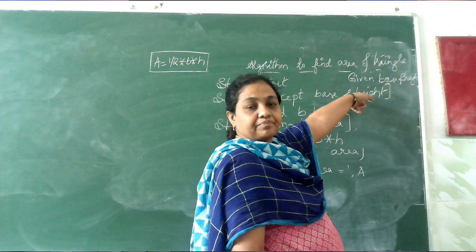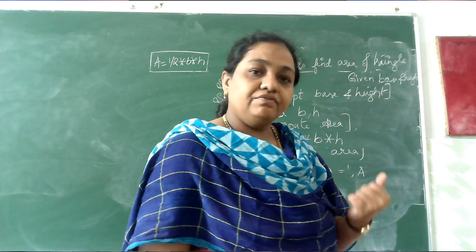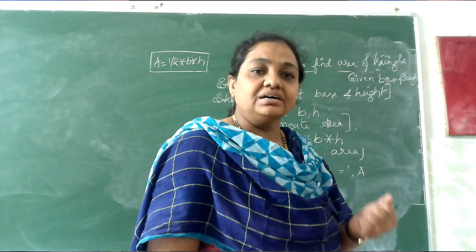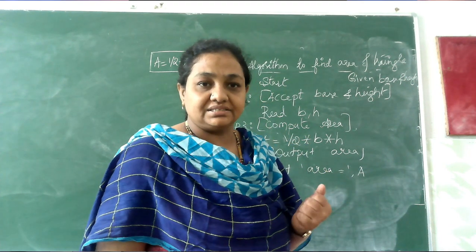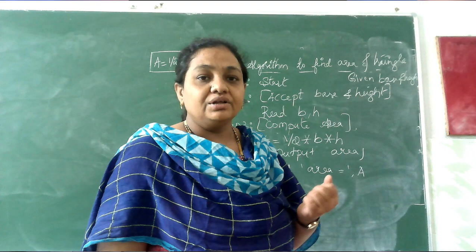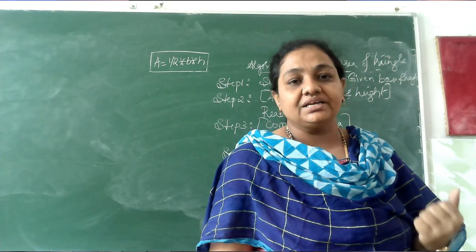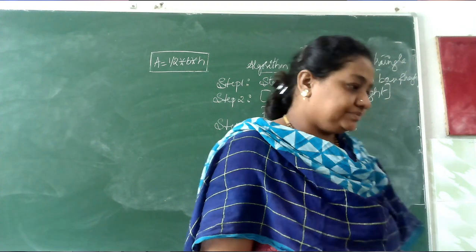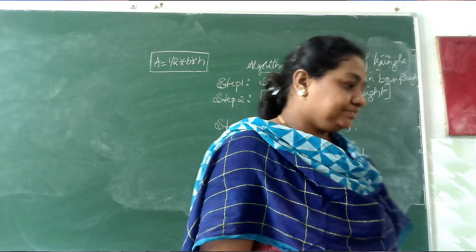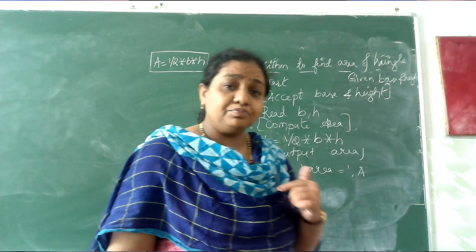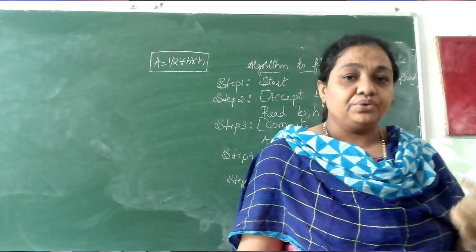So let's get started. Let's have a recap of how we did this. When you want to calculate area of circle, you require radius. When you have to calculate area of rectangle, you require length and breadth. When you are calculating area of square, a side is required because all sides are equal in a square.